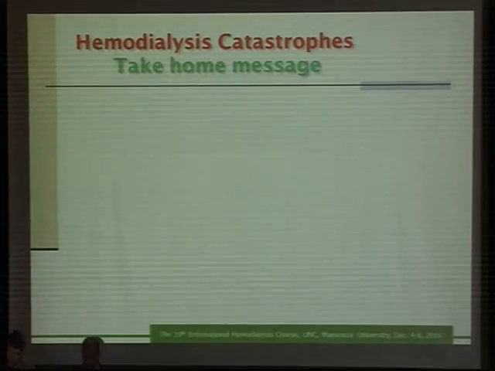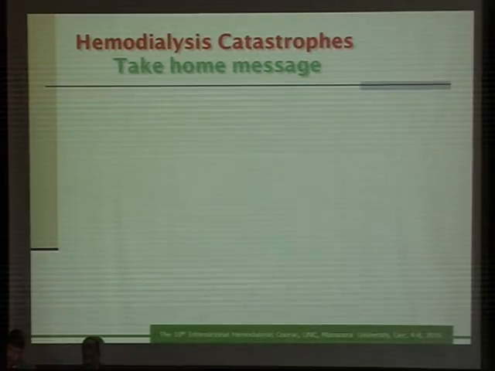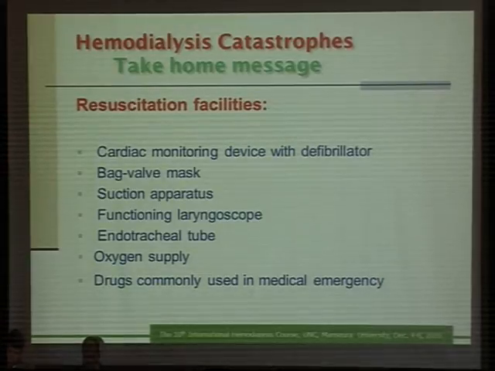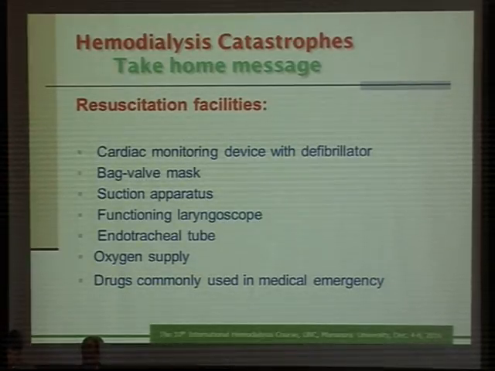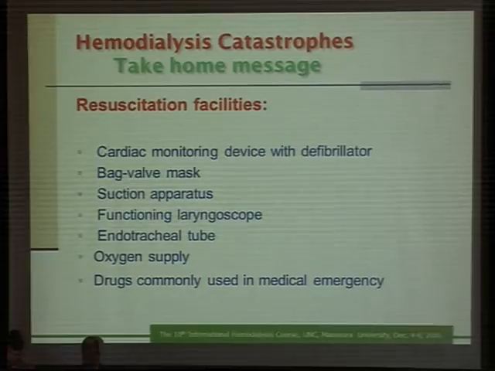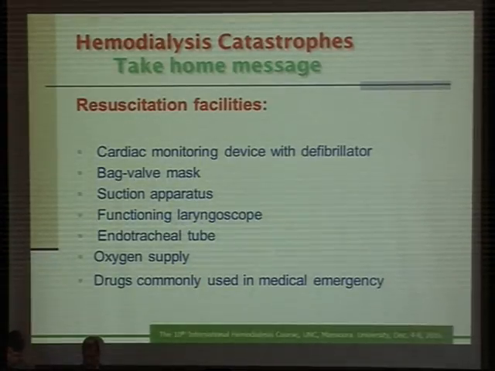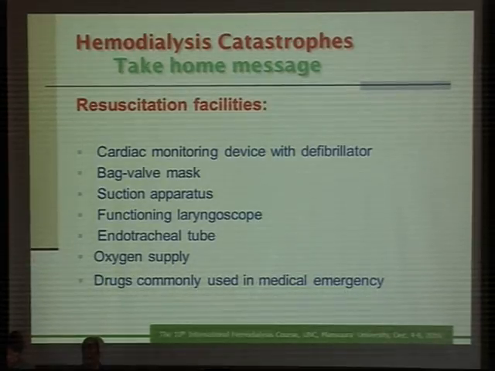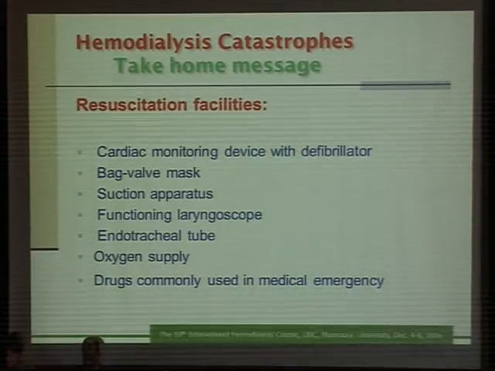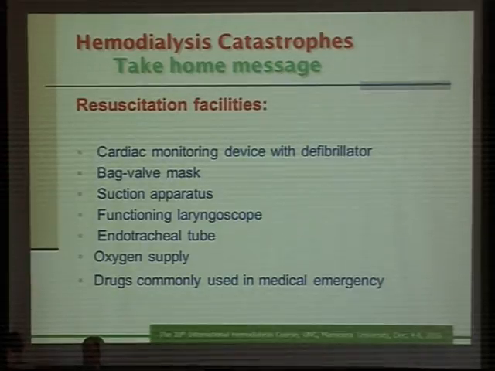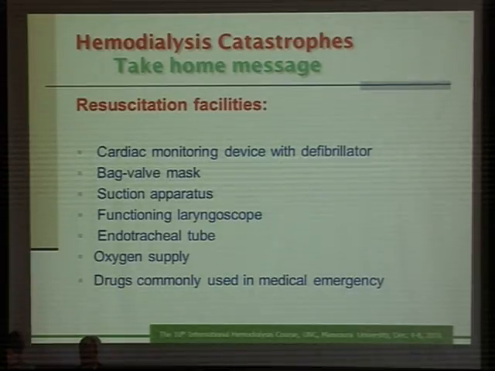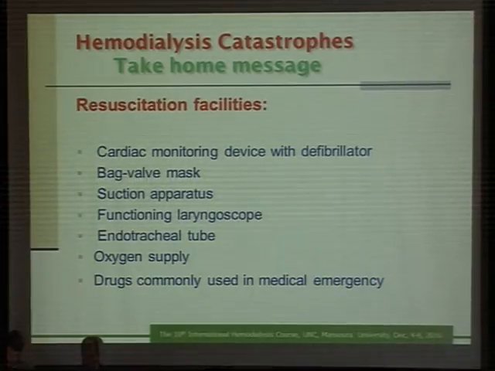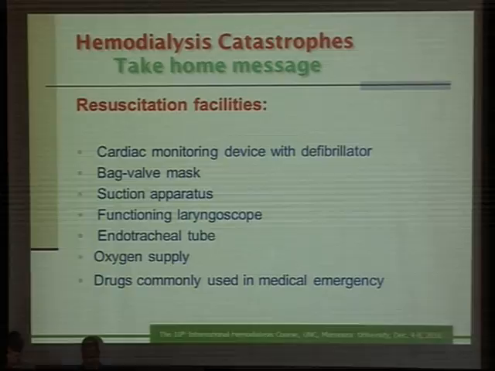What is the take-home message from this presentation? That resuscitation facilities should be available in the dialysis units, including cardiac monitoring device and defibrillators, suction apparatus, functioning laryngoscope, endotracheal tube, good oxygen supply, and the drugs that are used in these medical emergencies.